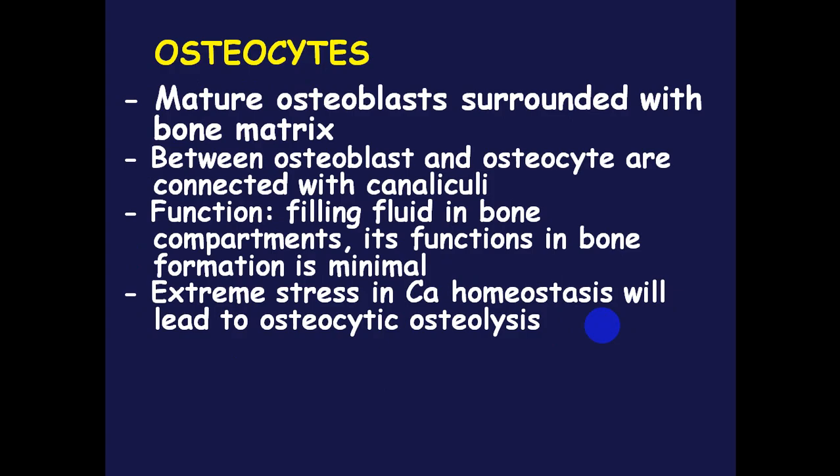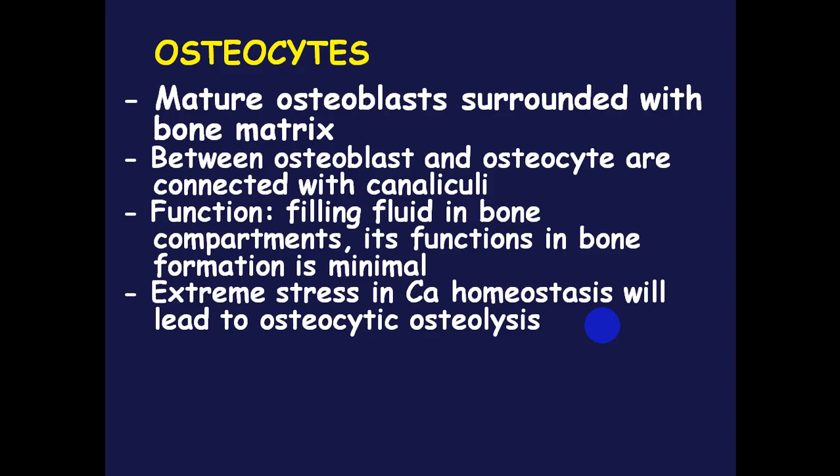So how about osteocytes? Osteocytes are cells that also differentiate from osteoblasts. In short, an osteocyte is a mature osteoblast. But the location of osteocytes is different. I will explain about it later in the following slides.